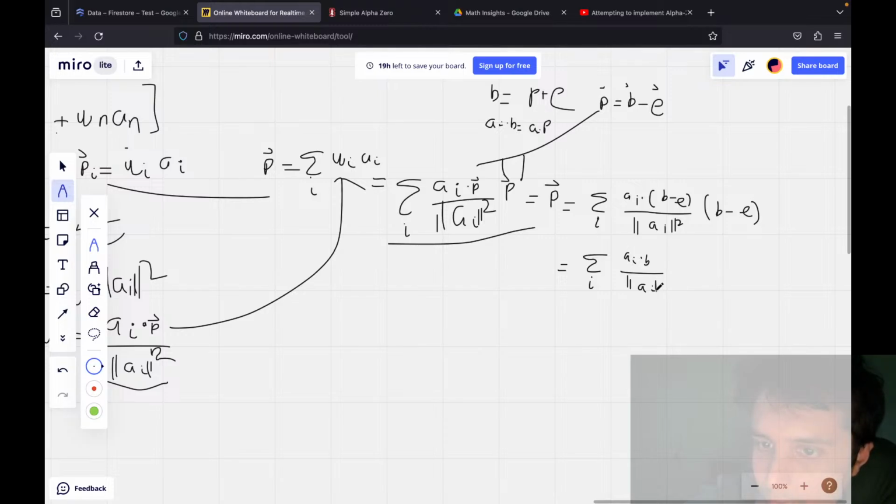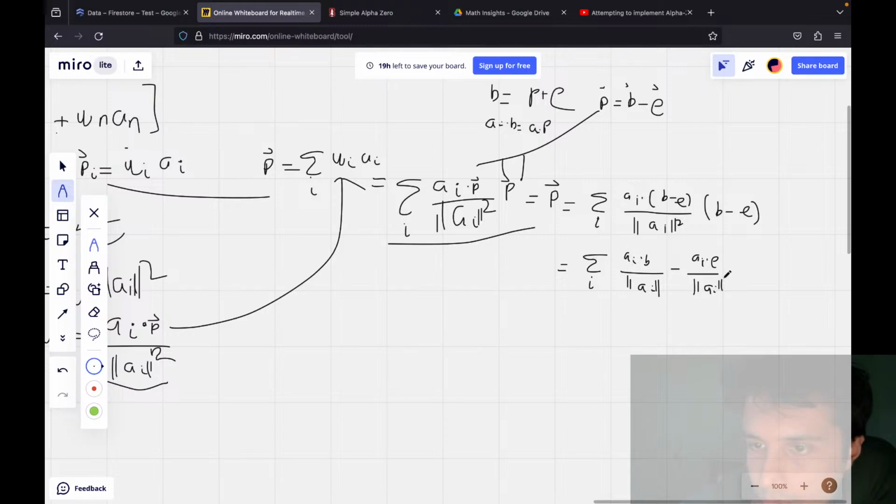This is the part we really want, because we're building up to projecting B onto the ith basis of the span of the Ai. Plus, again distributing across from here, and 1 over Ai squared is just a constant that we're dividing by, so it's not a big deal, Ai dot E. I already know this is 0. I'm just writing this for formality, to show the distribution and all my steps.